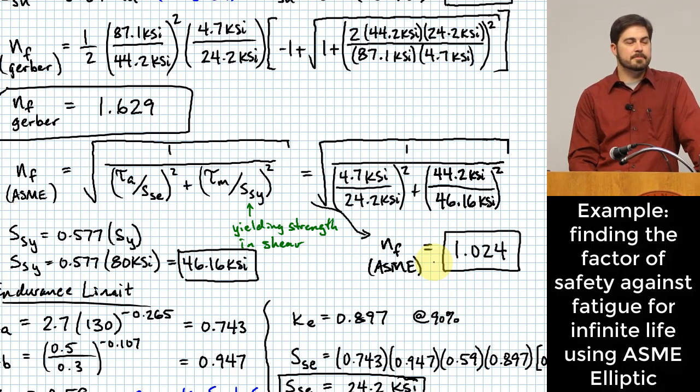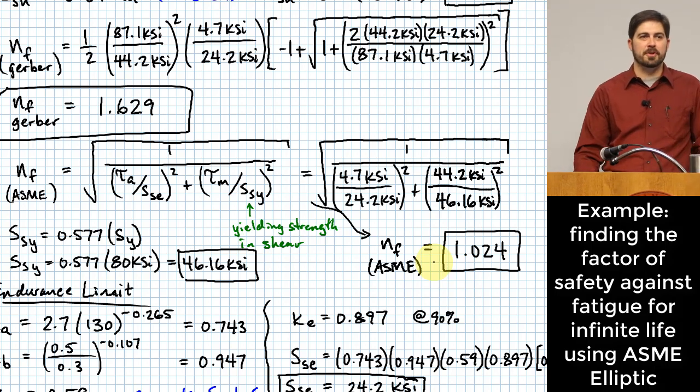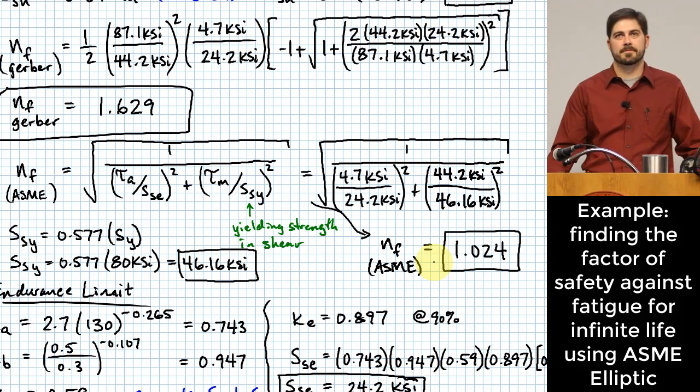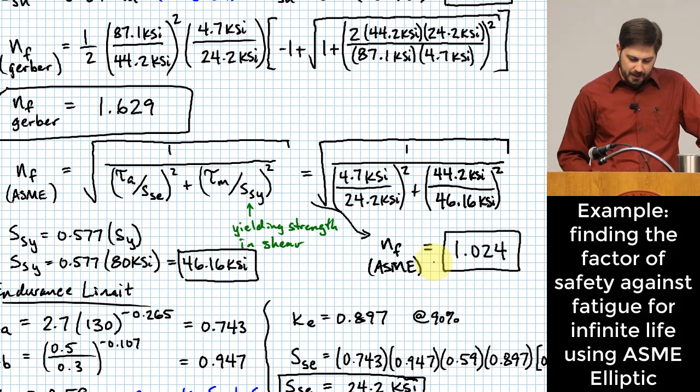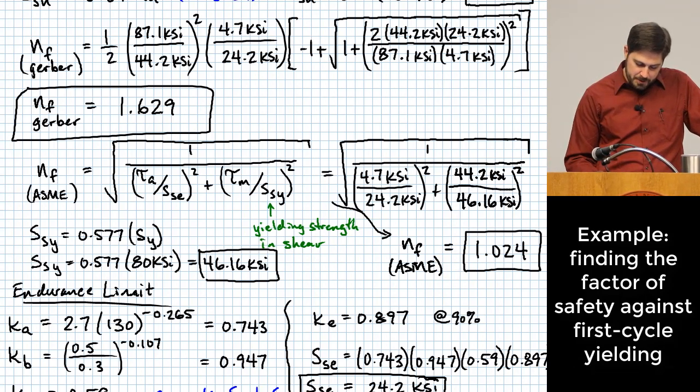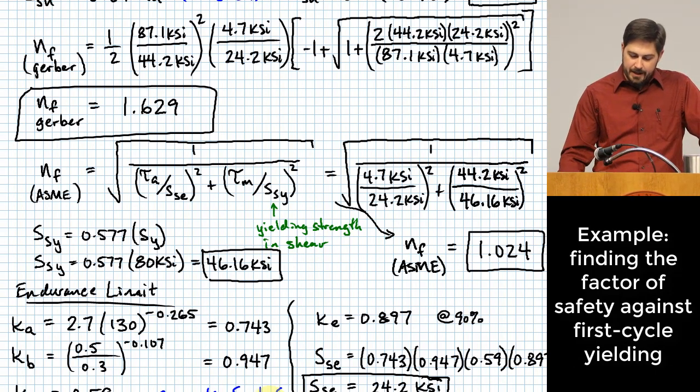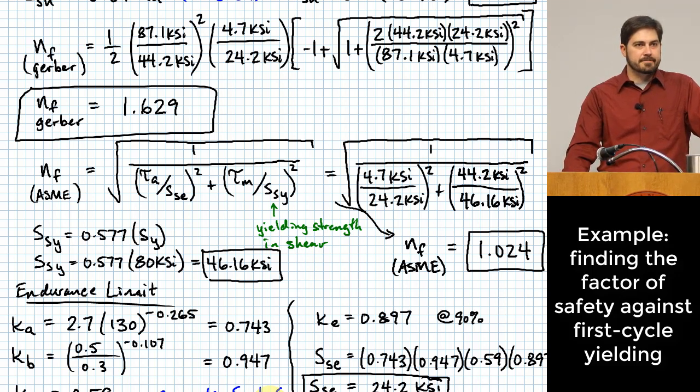Do you feel safe? You feel like it might fail before we have infinite number of cycles? I don't know, we're at least getting in that range where we're starting to feel a little bit less comfortable. Well, how about this? The other thing we're supposed to do is calculate a factor of safety against first cycle yielding.